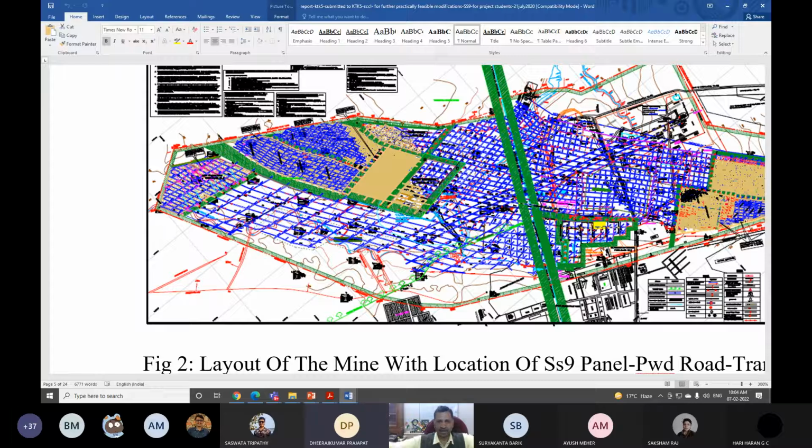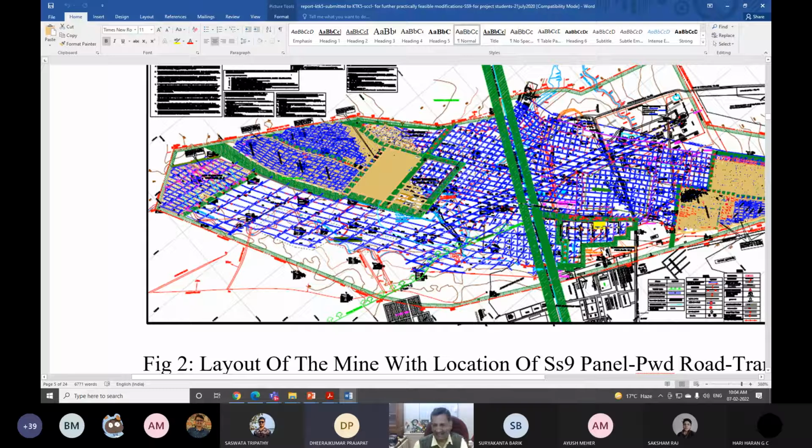This is from the heading. Otherwise, from the main heading, I go through trunk roadways up to the barrier, and then from there I prepare all the panels, and from each panel, as I explained to you, this panel size I select, later I will develop into pillars and then extract. So that is the best way.